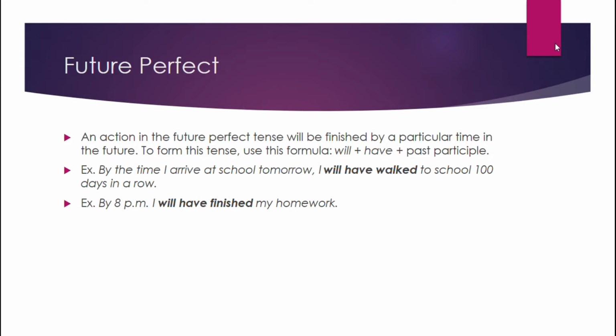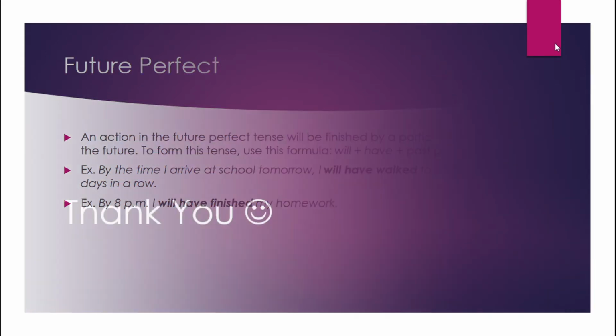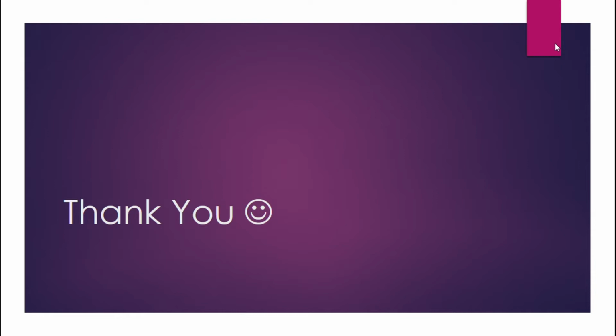So, to wrap things up, let's have a quick recap of the perfect tense and its different types. First, perfect tense deals with verbs that would have finished or completed in relation to another action. Then, there are three types of perfect tenses, and here is how we can use each type of it.